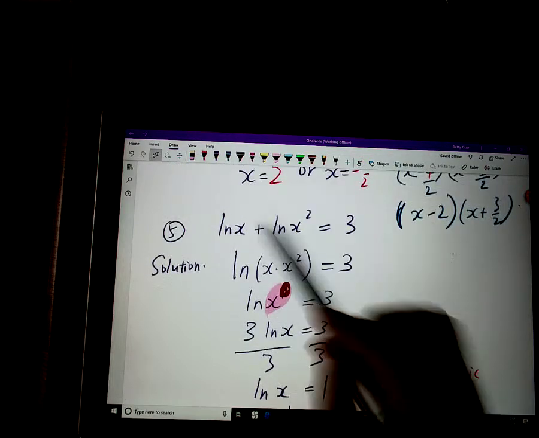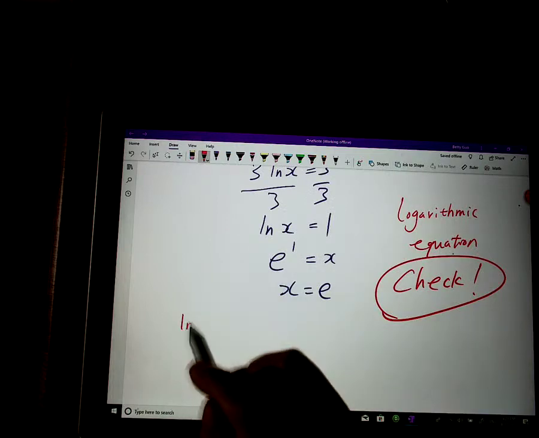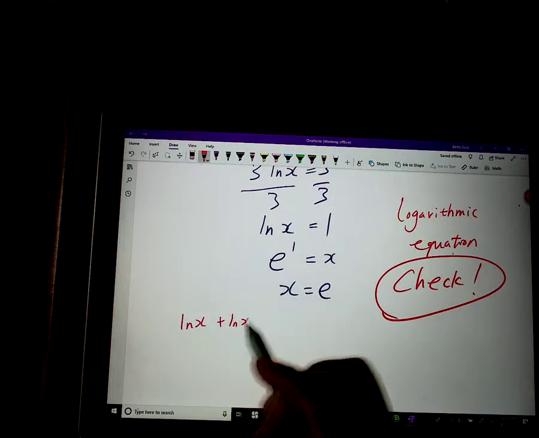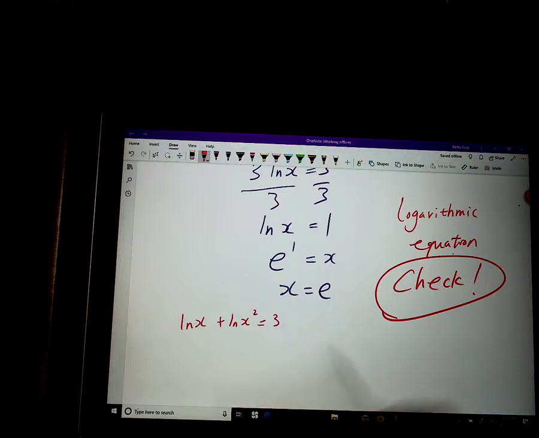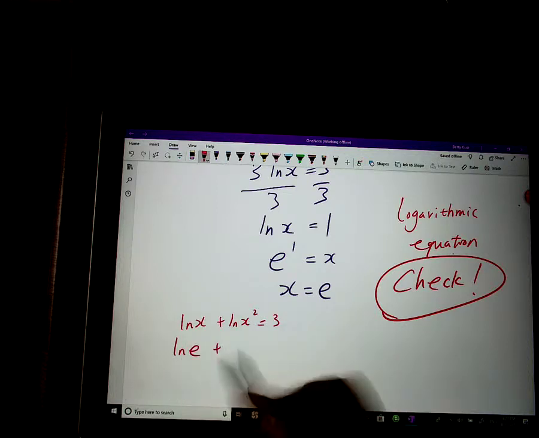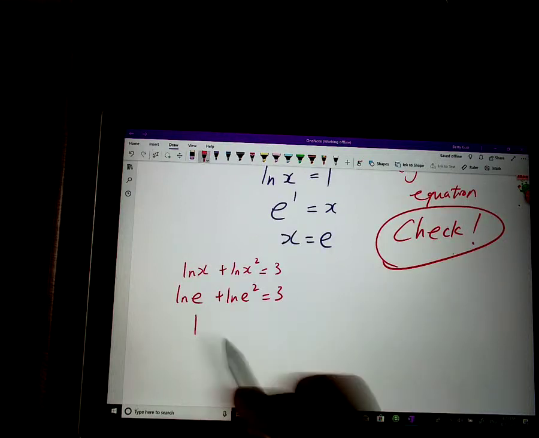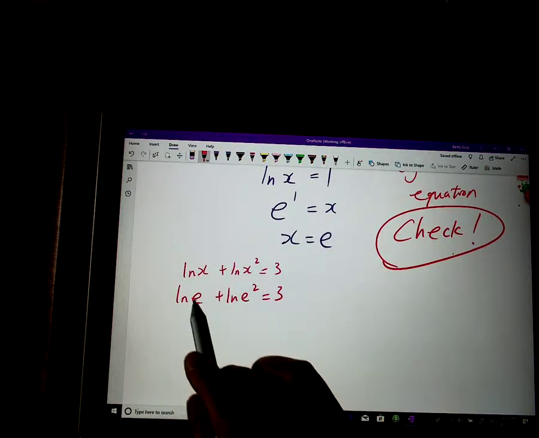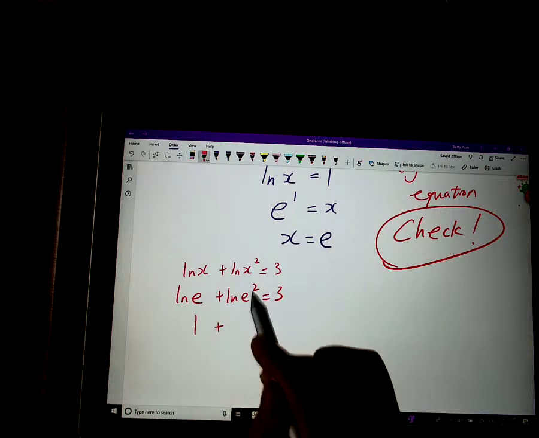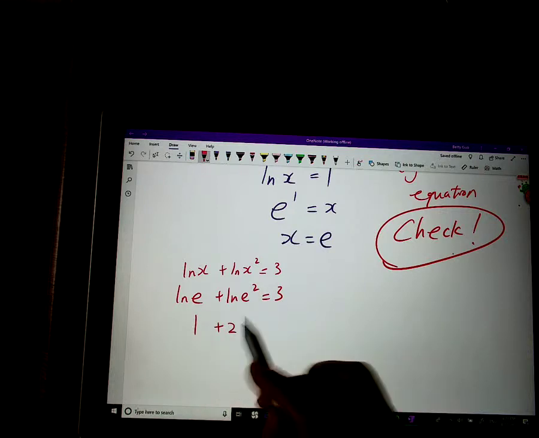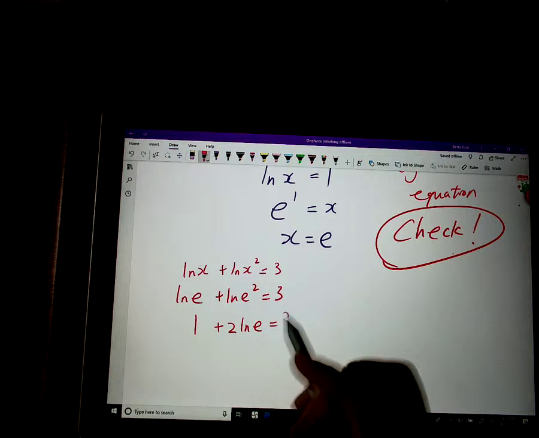Bring it back. The original equation is ln x plus ln x squared equals 3. So you plug in ln e here and ln e squared here. Ln e is 1, base and argument identical. We move 2 in front, ln e.